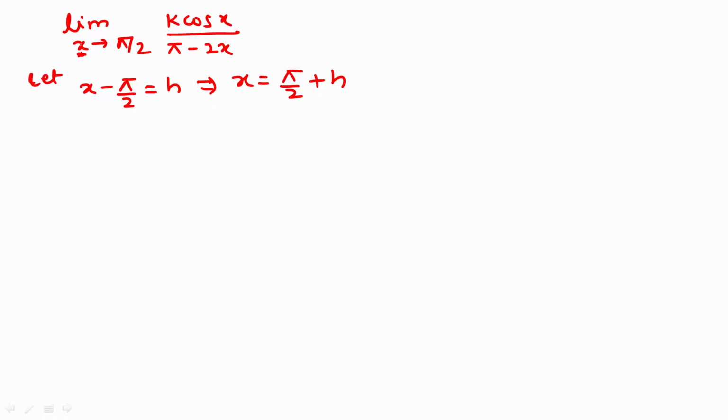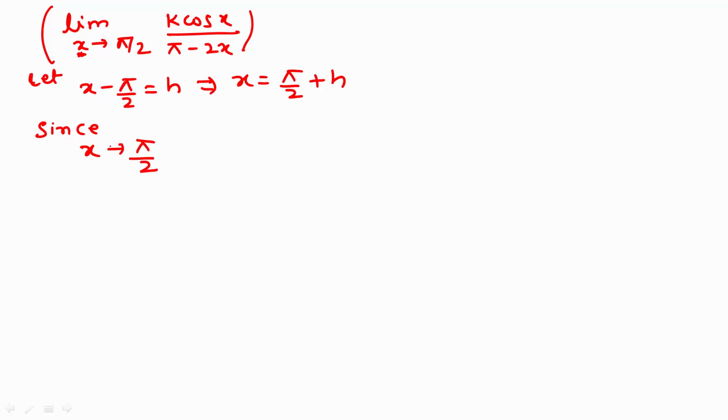If this whole trigonometric limit converts into h, then the value of the limit should be in terms of h. So find the limit of h, since x is tending to pi by 2.